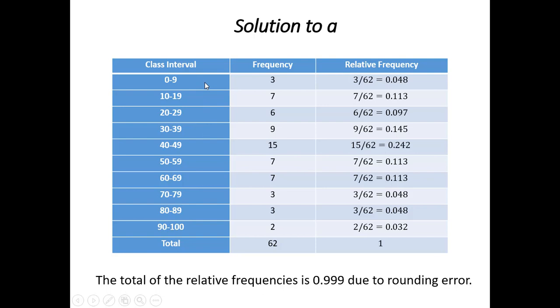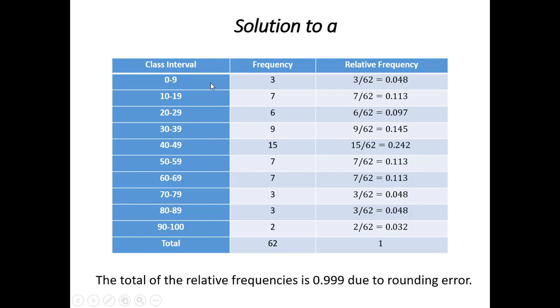Other times you want to try to take the range of your data and divide it up into equal intervals. The number of intervals is generally somewhere between 5 and 15. Remember, you're trying to summarize the data. So here we have 62 data points, and we're going to use these 10 different intervals.